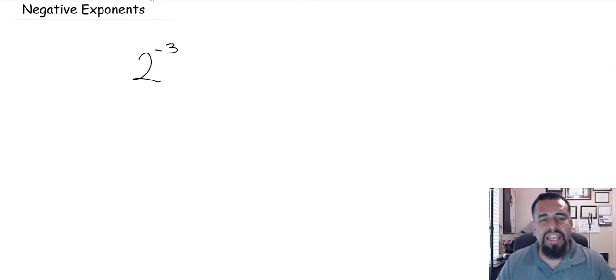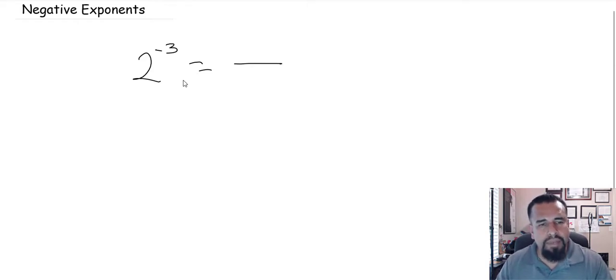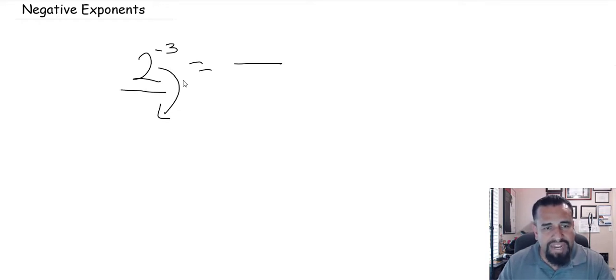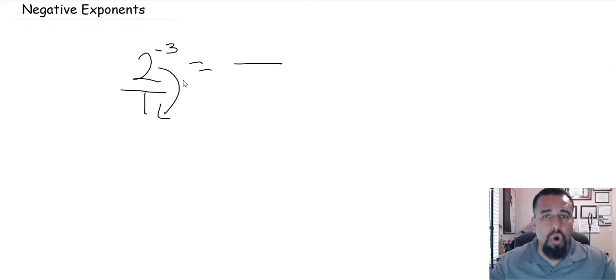So I want you to think the opposite of multiplication, which is division. Basically, I'm going to take this and divide it. Take it from the top to the bottom. So if I take this and move it to the bottom here, this is where I would get my fraction bar, because right now it's essentially 2 over 1.